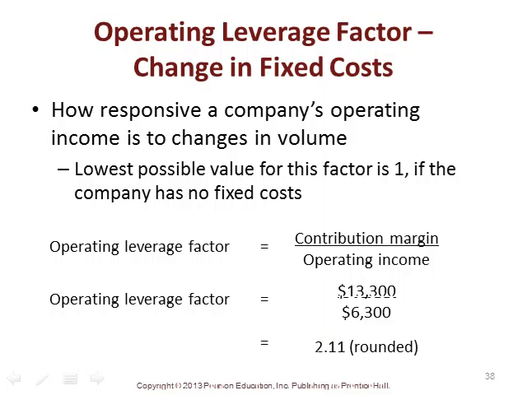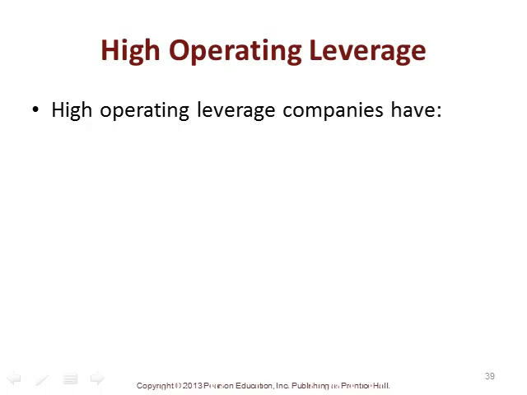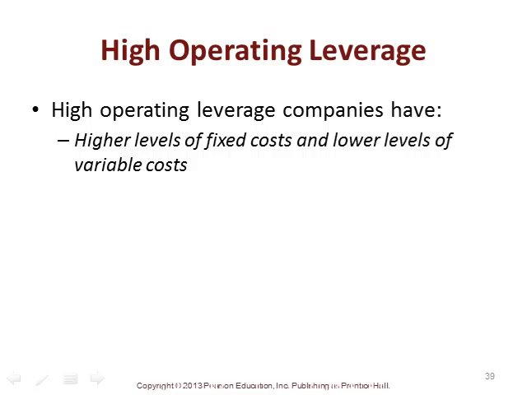And so a couple of comments about high operating leverage companies and low operating leverage companies. High operating leverage companies have higher levels of fixed costs and lower levels of variable costs. They have higher contribution margin ratios.